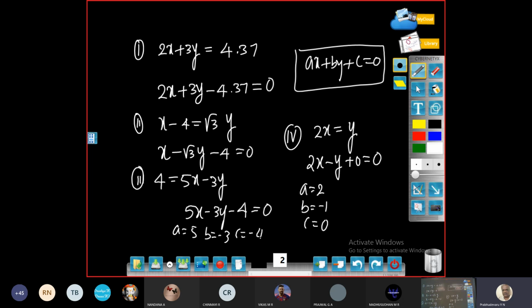Like this. Okay. So in the second example, a is equal to 1, b is equal to minus root 3, c is equal to minus 4. First example, a is equal to 2, b is equal to 3, c is equal to minus 4.37.